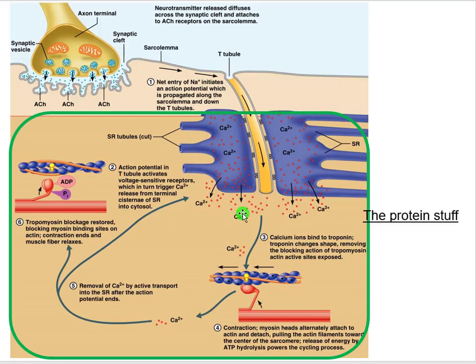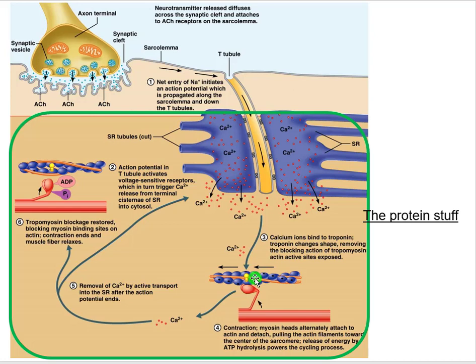Well, the reason for that is this. Look, these are calcium ions diffusing out. And let's say you got a whole bunch of sarcomeres just here, just waiting in line. Well, what ends up happening is that these calcium ions are at the front of the herd, so to speak, and these are at the back, and there's more coming out. And so these calcium ions are going to arrive first. So at the very beginning, for a brief moment in time, I've got 5 calcium ions bound to different troponin molecules.